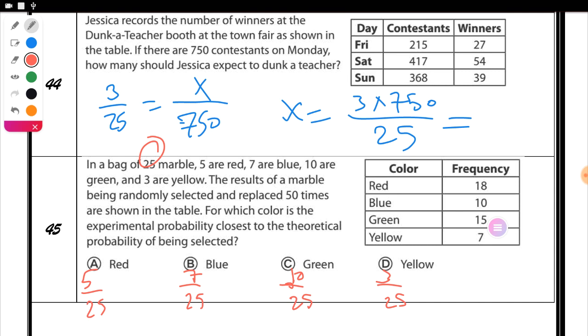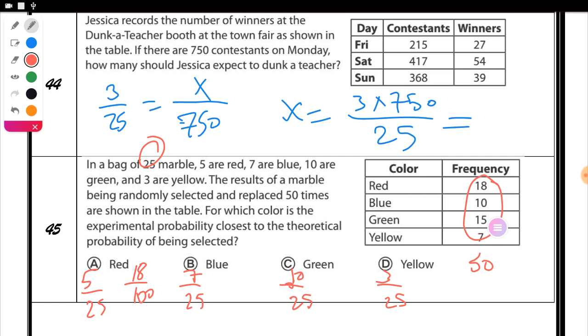But in experimental, which is actual, we found the following results. When we repeated more than one time, the sum is 50. So it's different here. The first one, red was 5 over 25, and in the experimental probability, red equals 18 over 100. Multiply both by 100 to get the percent and compare them.